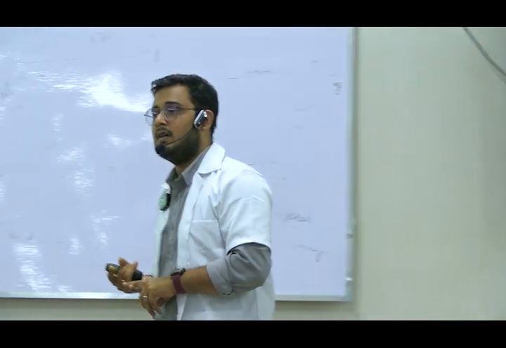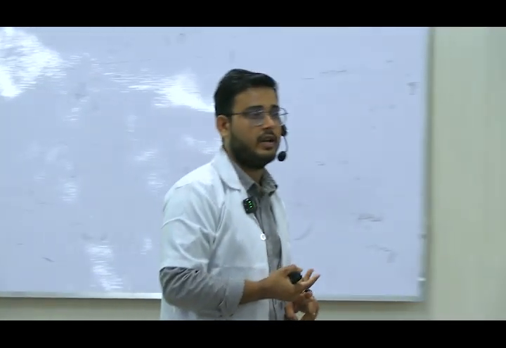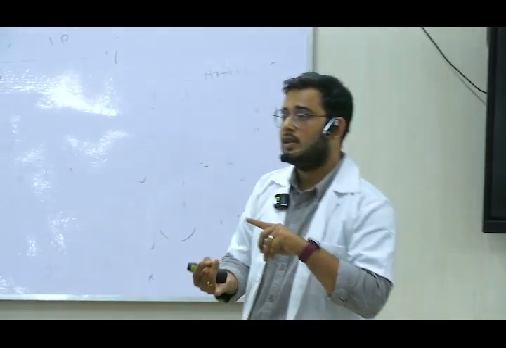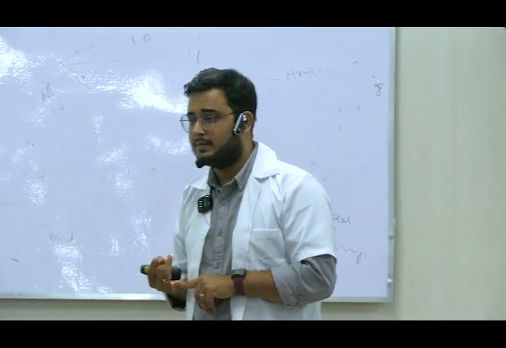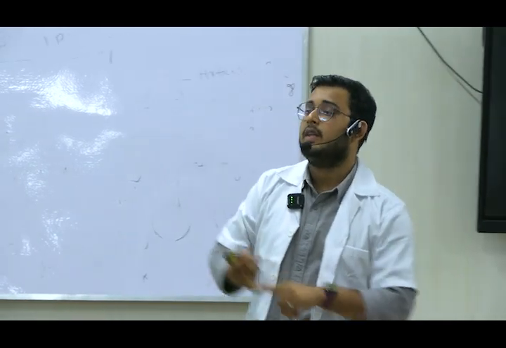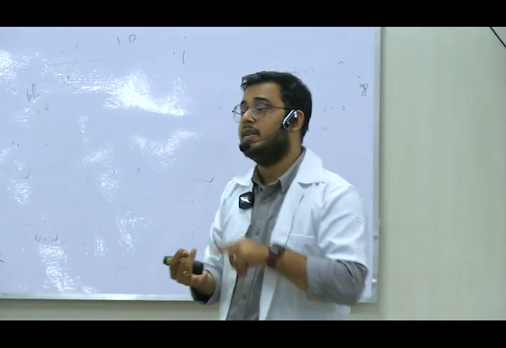After that, important is the family history. So why is family history important? Family history is important because thalassemia, okay, can run in family. Then coagulation disorder, what sir has said, that hemophilia, can run in family.